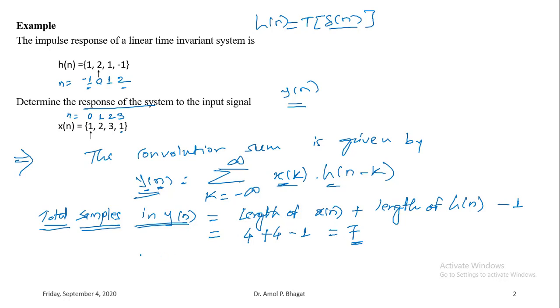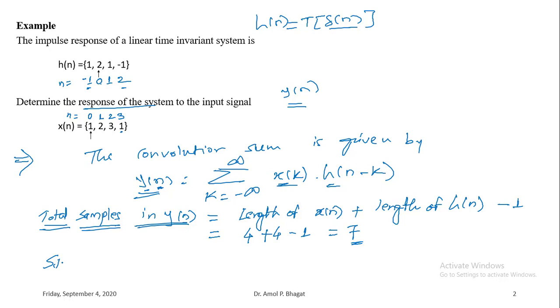Similarly, we need to identify the start time. In this case, h of n is starting from n equals minus 1, and x of n is starting with n equals 0. So the start time for h of n is minus 1 and the start time for x of n is 0. Similarly, we can identify the start time for y of n.